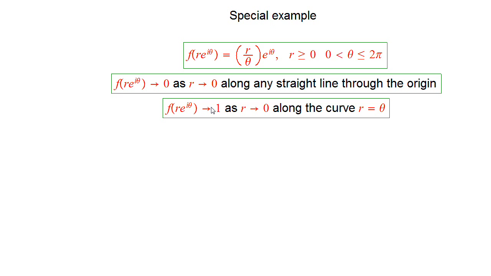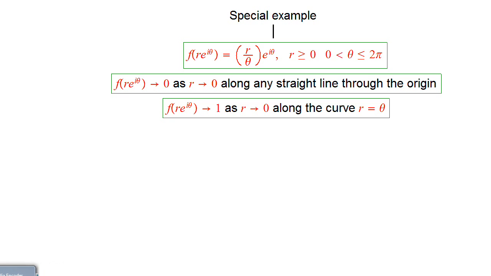So that's not the same limit as for the limits through any straight lines, which are 0. So this is an example where the limit does not exist when x is approaching the origin.